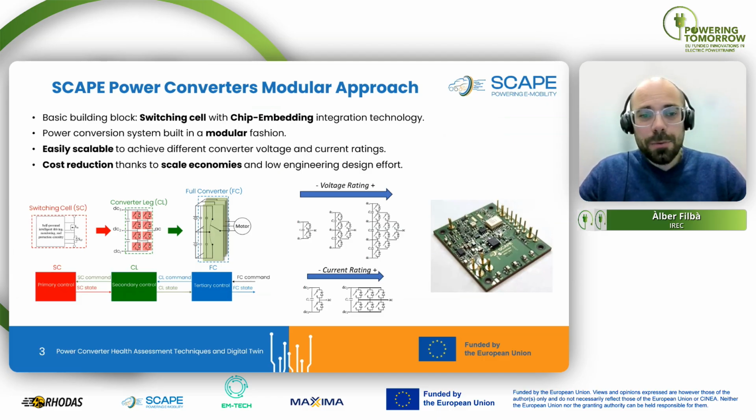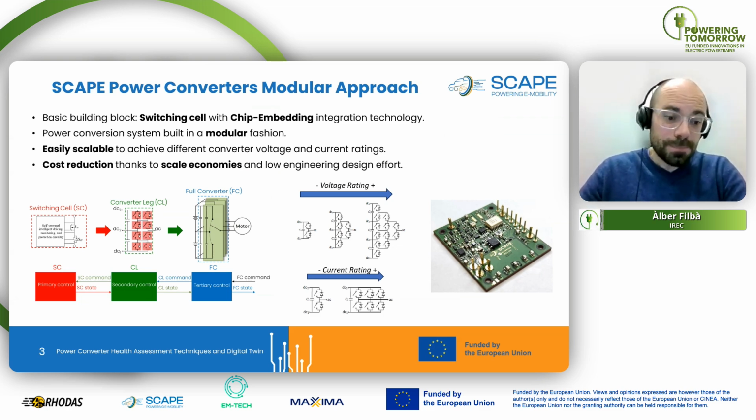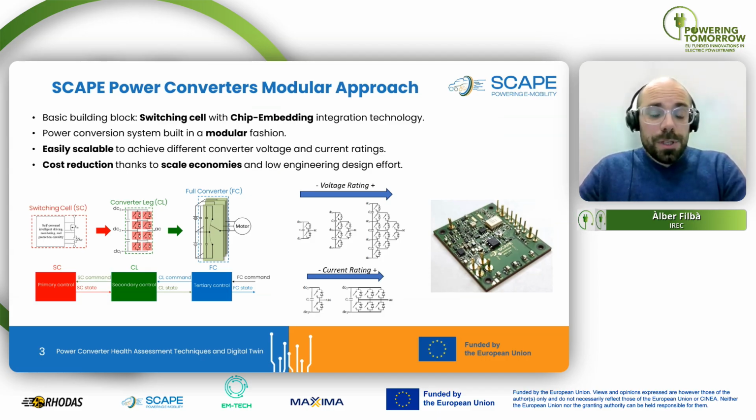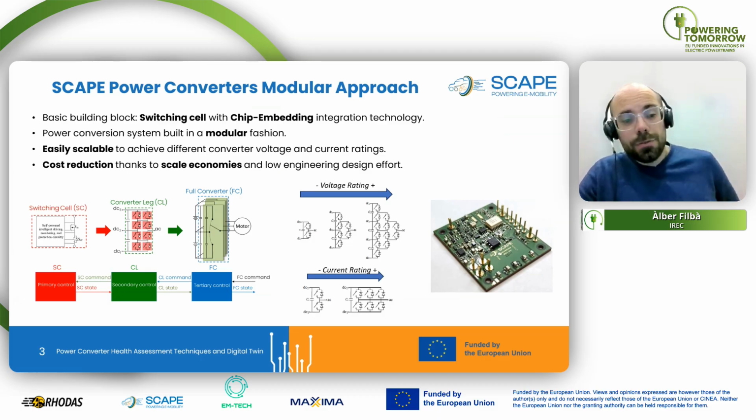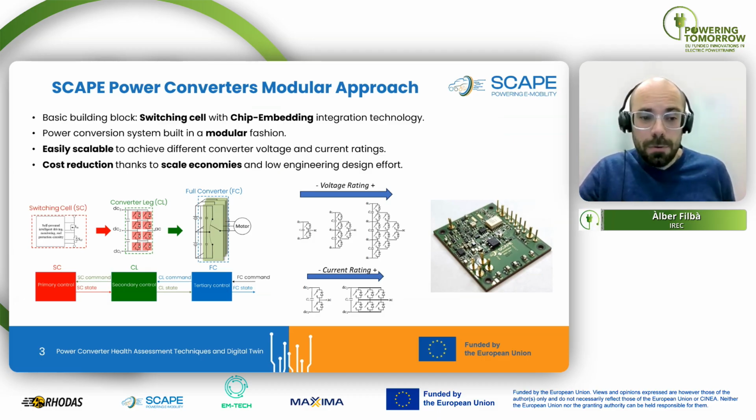So in SCAPE, we are pursuing a method to design the power converters that is based on a basic building block that we call the switching cell, which is composed of a power semiconductor, an intelligent electronic fuse, and the ancillary circuit to power these two components and more advanced features, especially for the iFuse.